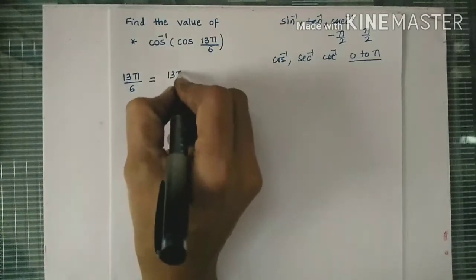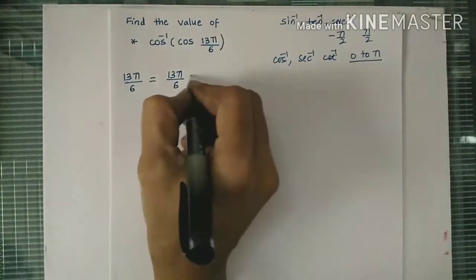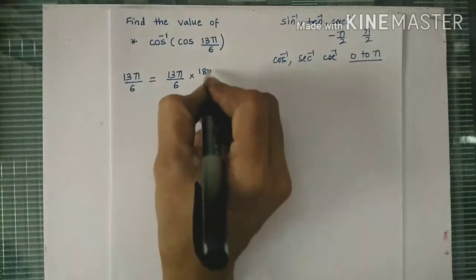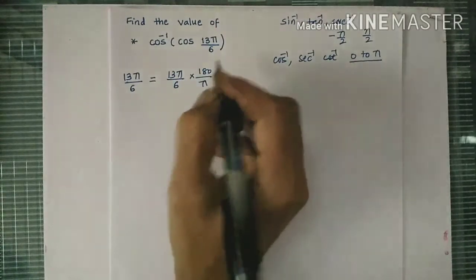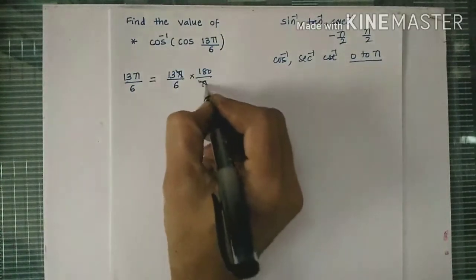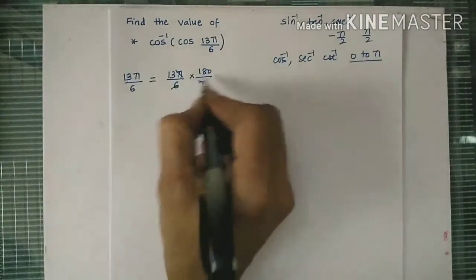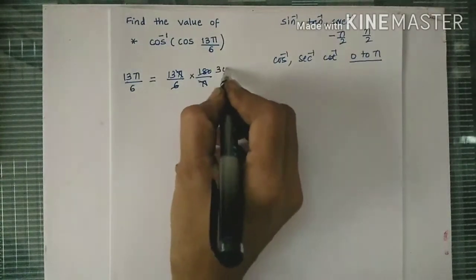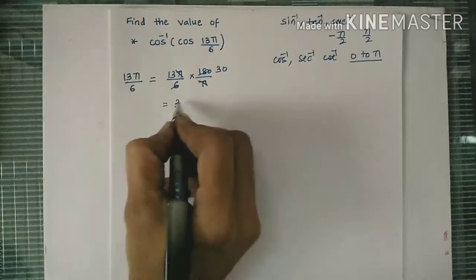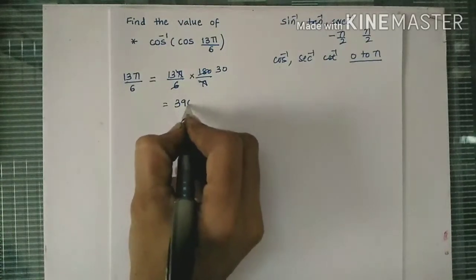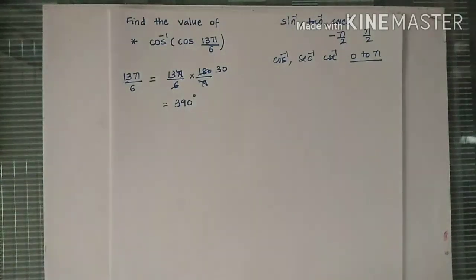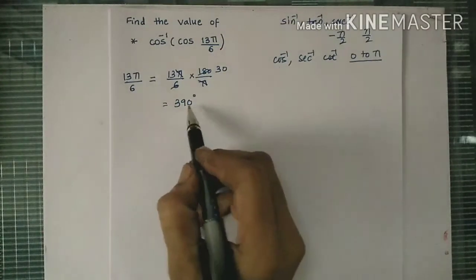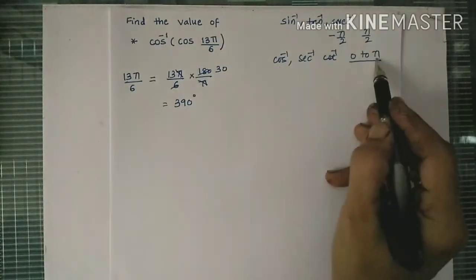So for 13 pi by 6, to convert into degree measure we have to multiply by 180 upon pi. So this pi gets cancelled. 180 divided by 6 gives us 30, and 13 into 30 is 390 degrees. The answer is 390 degrees here, but 390 degrees does not lie between 0 and 180.